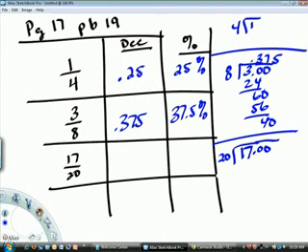Let's add some zeros. Okay, 20 divides into 170 8 times. That gives us 160. Okay. I got 0.85.